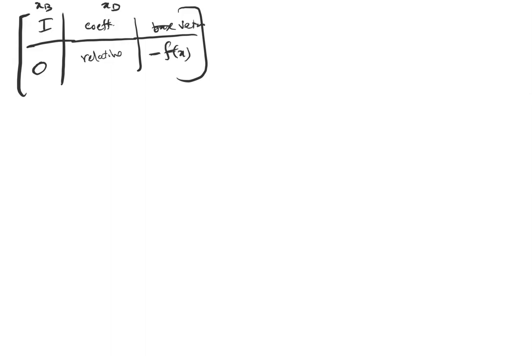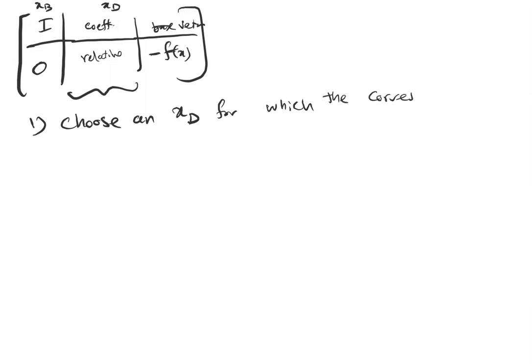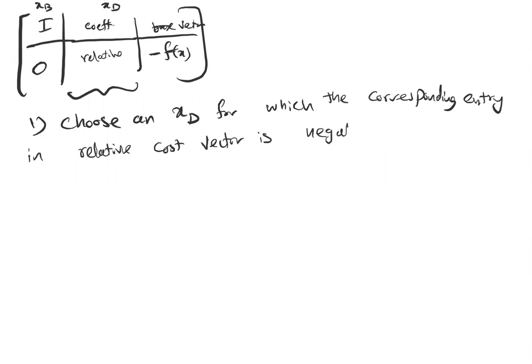First, choose an xd, which is a non-basic variable, for which the corresponding entry in the relative cost vector is negative. Actually, here, preferably, we use the most negative one.